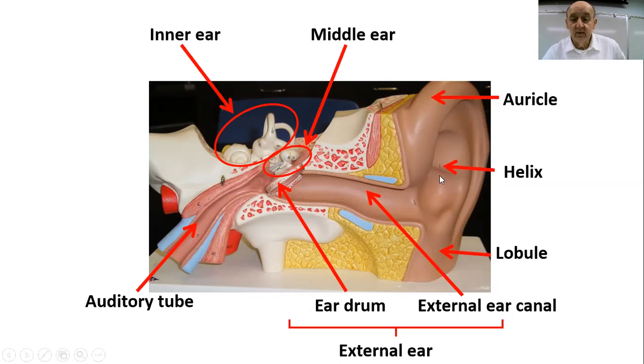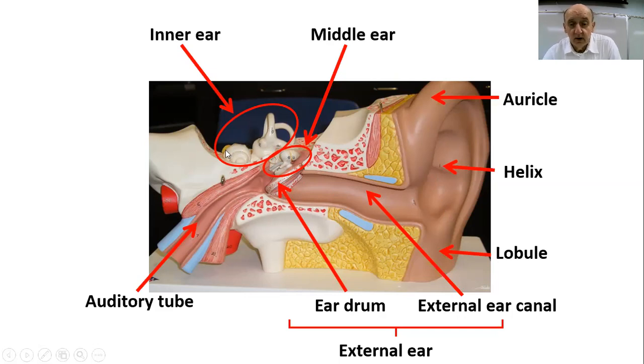This is the visible portion of our hearing apparatus. Then we have the external ear canal, and the external ear region ends with the eardrum or tympanic membrane. Then we have the middle ear, and then we have the inner ear.